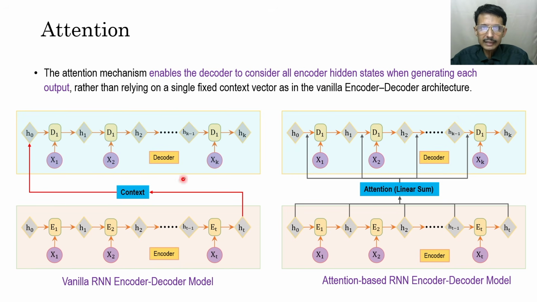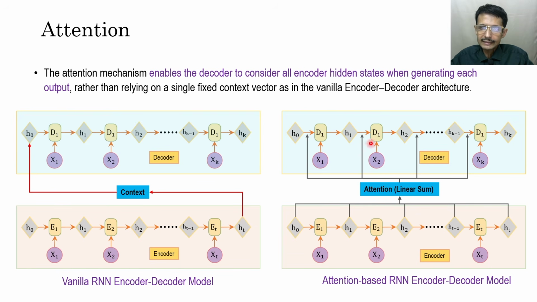But in the attention mechanism, it works in a bit different way. Now, the attention is not coming only from the final encoder state HT. Rather, H0, H1, H2 up to HT, all the hidden state outputs are used to get this attention.